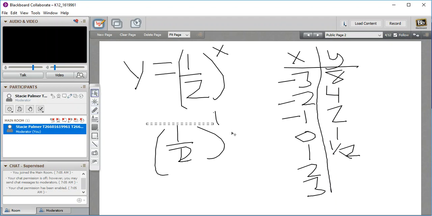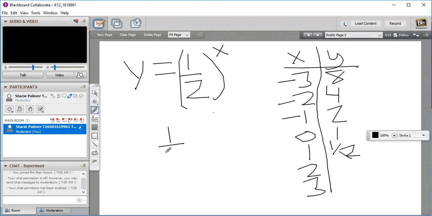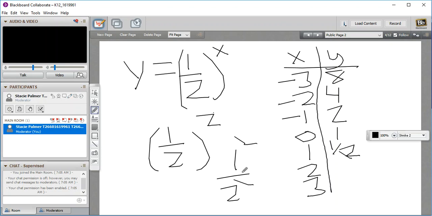When we let the x be 2, 1/2 raised to the 2nd power, we need to distribute that exponent, so we get 1 to the 2nd power over 2 to the 2nd power. 1 to the 2nd power is just a 1, 2 to the 2nd power is 4. So when we let the x be 2, the y is 1/4.